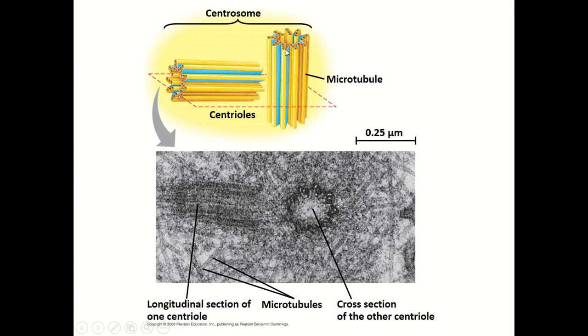So these 2 centrioles will make a centrosome that is responsible during the process of meiosis and also mitosis. Remember, each centriole contains 9 triplet sets of microtubules, and these 2 centrioles are known as a centrosome.